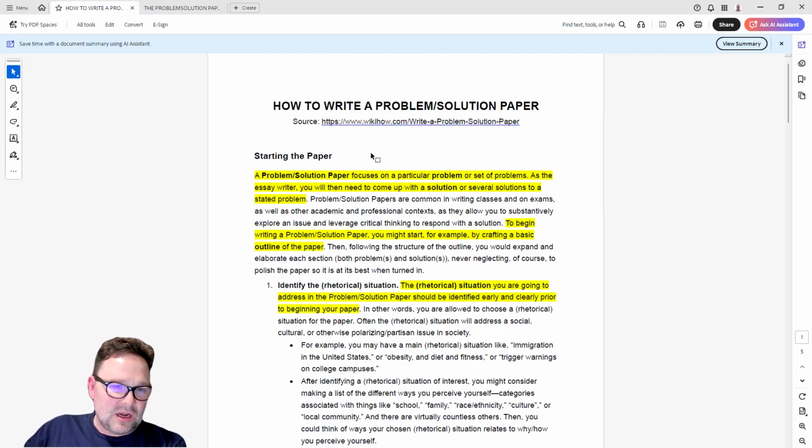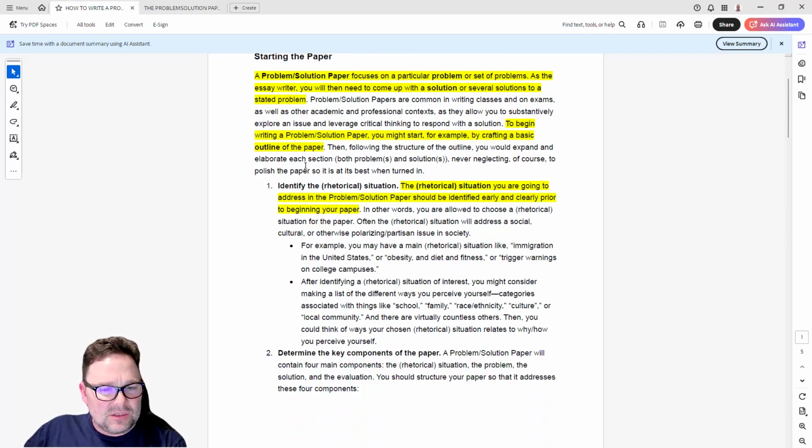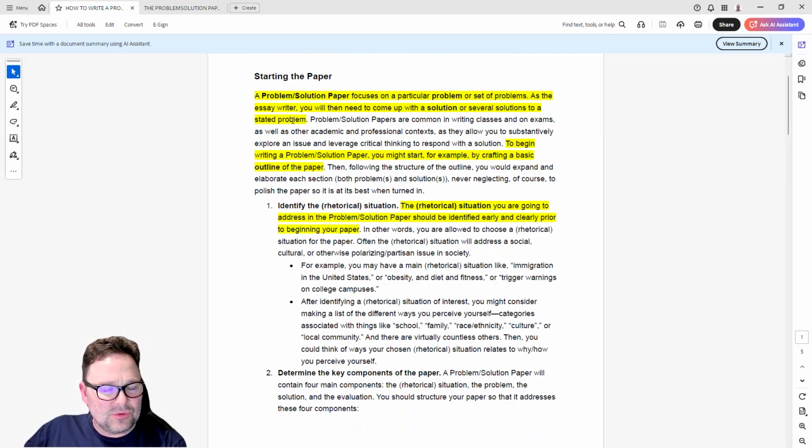So this document right here is just how to write this paper. We're going to look at the actual prompt after this, but this is just giving us a rundown of some of the key things to do as we approach this paper, as we just are becoming acquainted with this paper. So, in terms of starting it, we need to identify the situation that we want to write about.